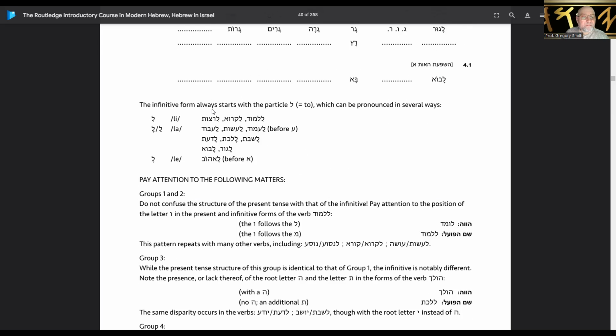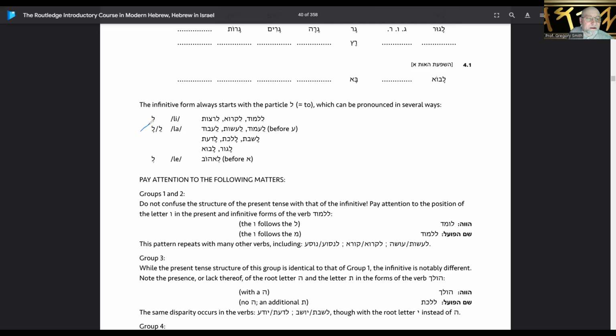Okay, so the infinitive form always starts with the particle lamed, which means to, which can be pronounced in several ways. It just has to do with which pointing is under the lamed within the pattern of the verb. So in some cases, you might have a hirik. Notice that dot there, that's a hirik. That's a bad drawing.